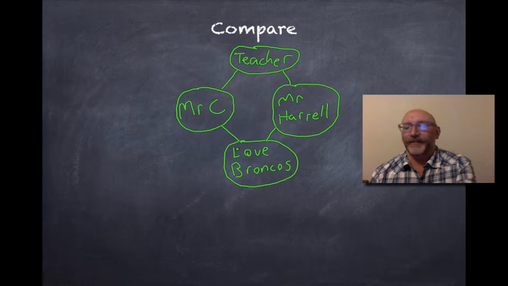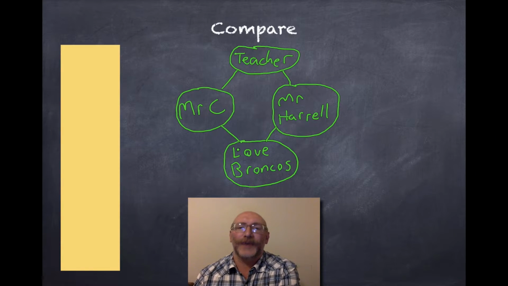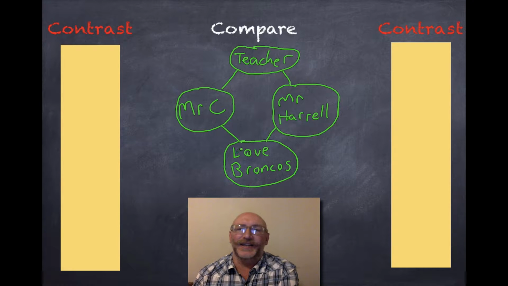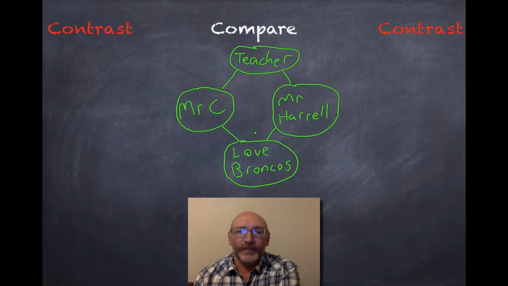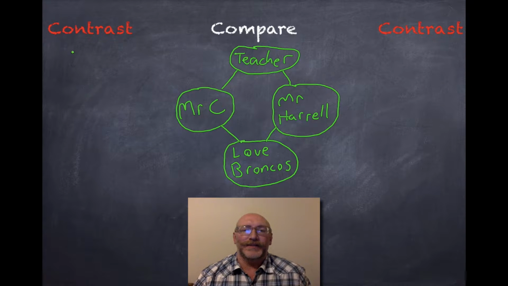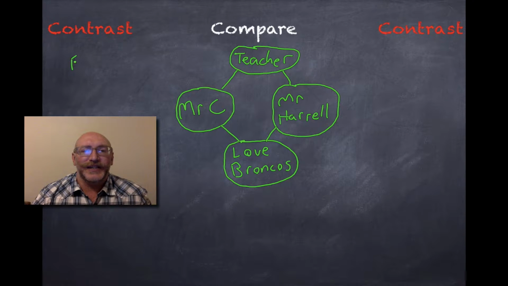They are the same. Now we are going to contrast on the outside. This means find things that are different. So let's start with Mr. C. Mr. C is from New York. That's where he grew up before he moved to Denver.